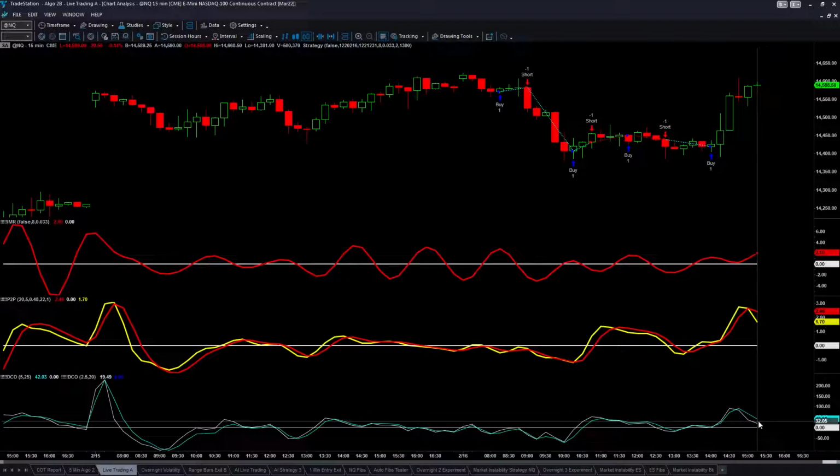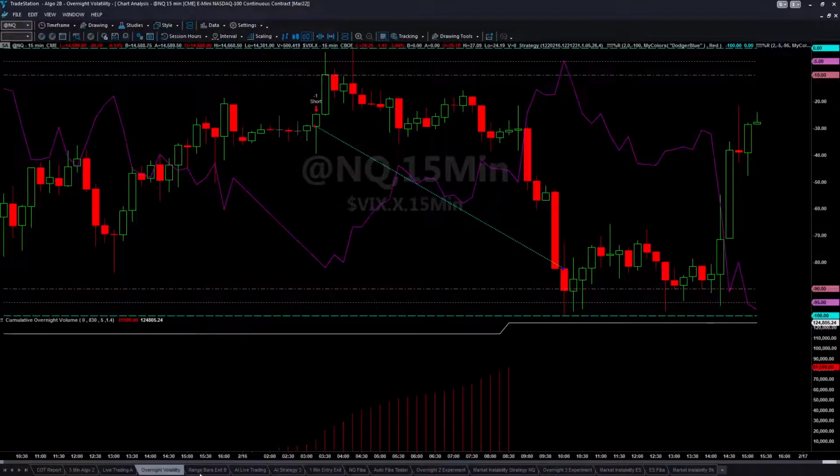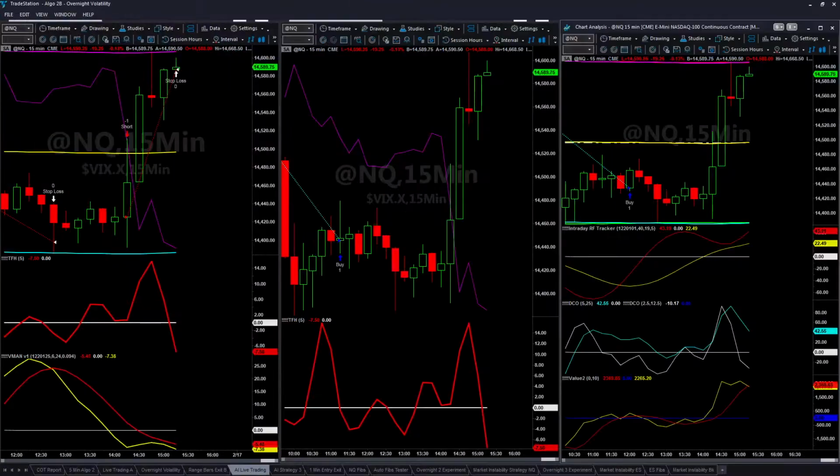And we are still above the 0 line as well. So nothing here in the overnight to get out, nothing here to get out, nothing here as well. The trade is starting to fizzle a little bit to the upside, but it still has a little bit more to go.